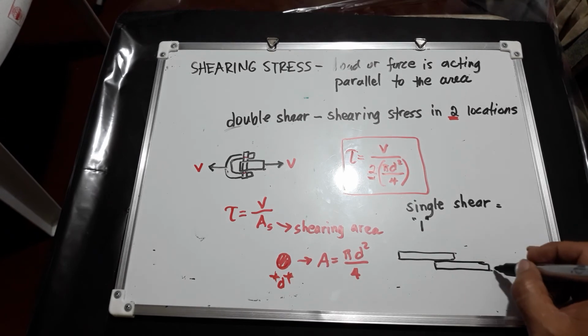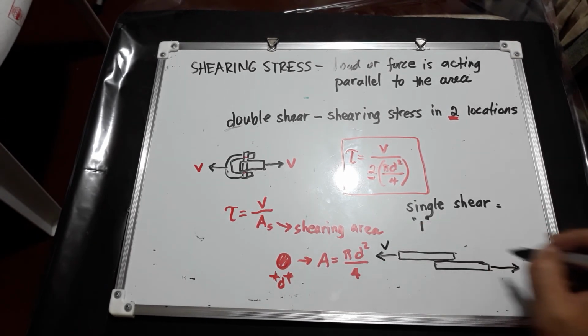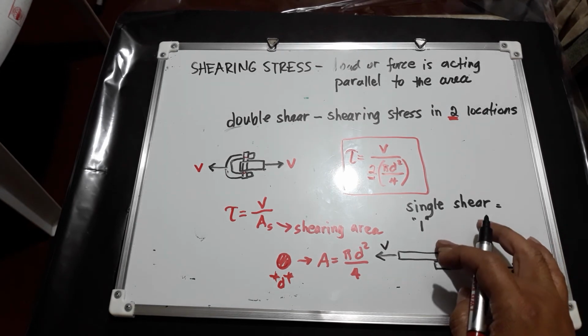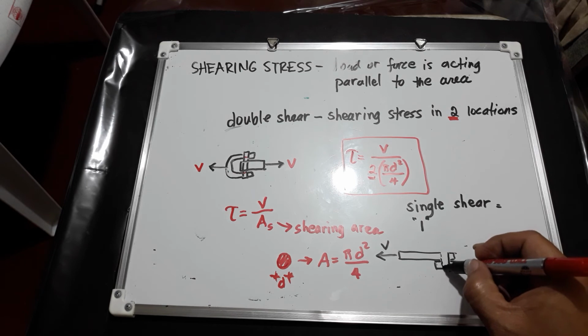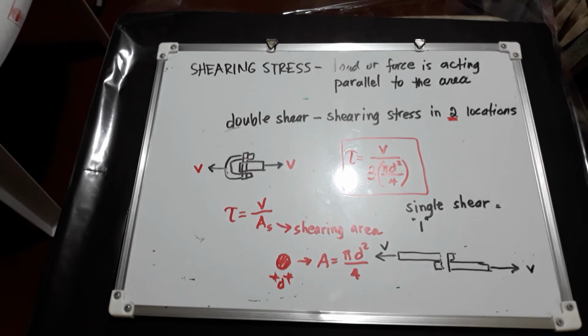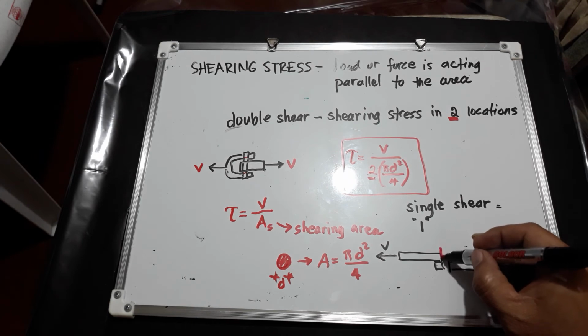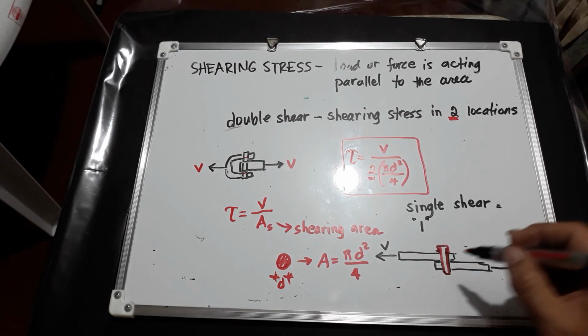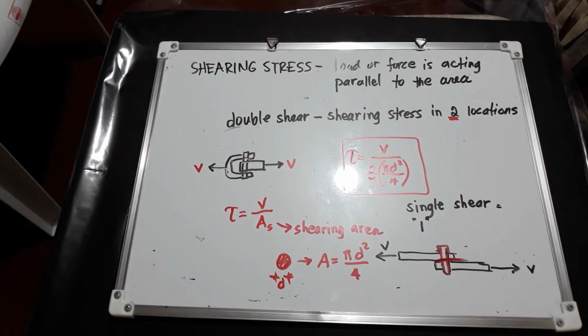We are going to pull it there with load V, and there's a hole that passes through here, and we are going to place a bolt here. So it means that the bolt will be cut there in one location only.